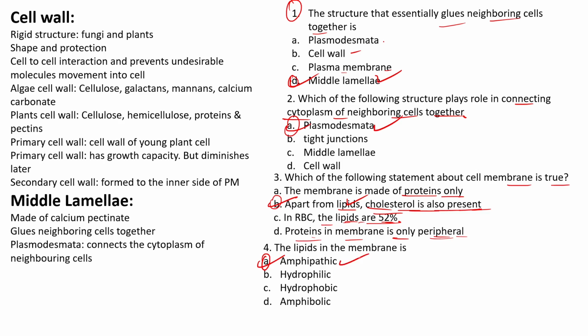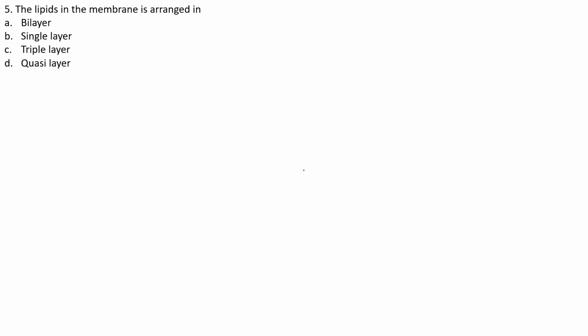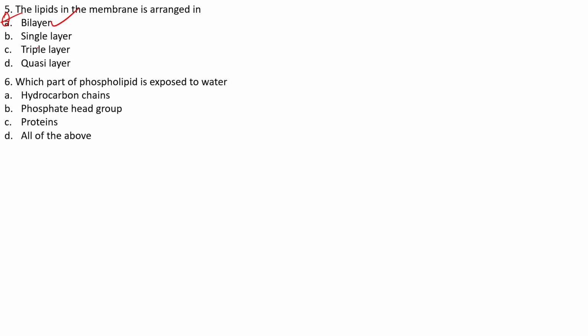Now, the lipids in the membrane are arranged in a bilayer, single layer, triple layer, or quasi-layer. The answer is bilayer. The lipids in the membrane are arranged in a bilayer, two layers. Now, which part of the phospholipid is exposed to water? Hydrocarbon chains, phosphate head group, proteins, all of the above.